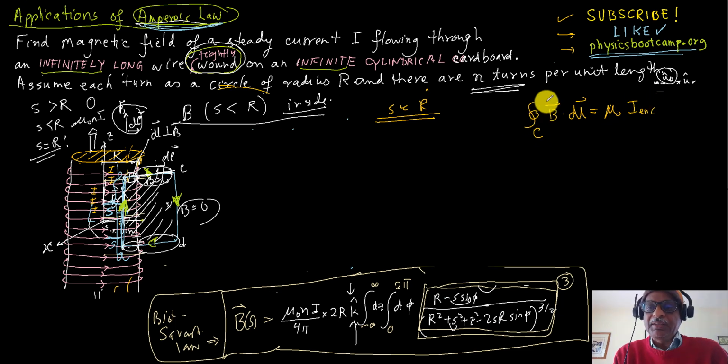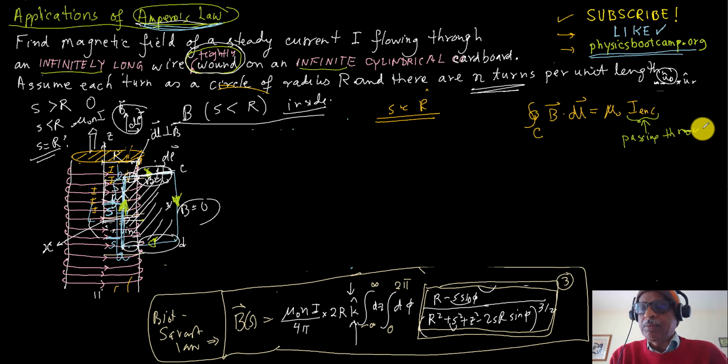This is on the oriented loop, and the I enclosed refers to the current passing through the area, not including the boundary.